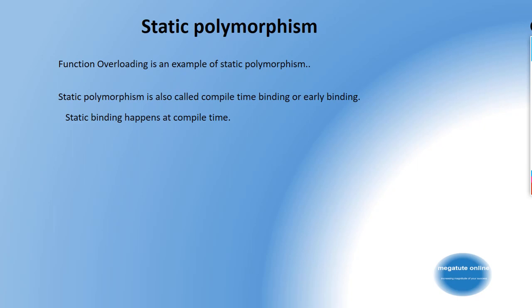Accordingly, it looks for the definition of that particular function sum, and as per the number of parameters or different types of parameters, it goes to the definition of that function. So what I mean to say is this static binding or function overloading happens at compile time.